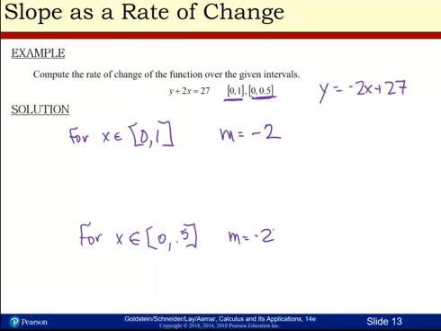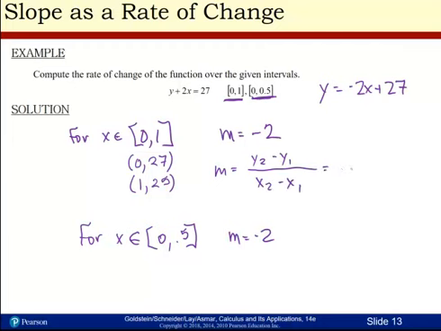If you want to work the algebra of it, though we don't really need to because this is a line, I would get the 2 points. So if x is 0, plugging that in, y is 27. If x is 1, plug in a 1, that would be 25. And then you could do the slope formula, m is y2 minus y1 over x2 minus x1.